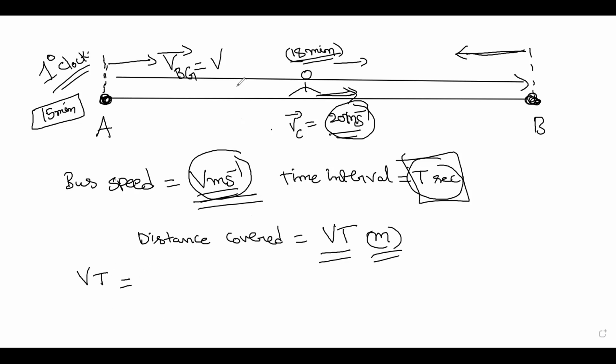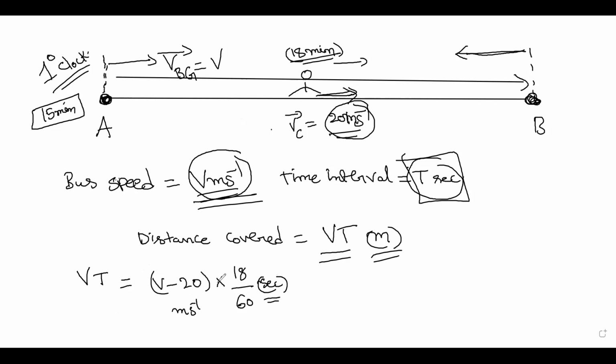That is equal to, in the forward direction, V minus 20, since both are moving in the same direction. For how much time is he seeing the bus coming up? That is 18 by 60, since they have given 18 minutes, so 18 by 60 seconds. V minus 20 meters second inverse, right? And then this is 18 by 60. This is seconds. Okay. Now let's keep the equation. This one is one equation.